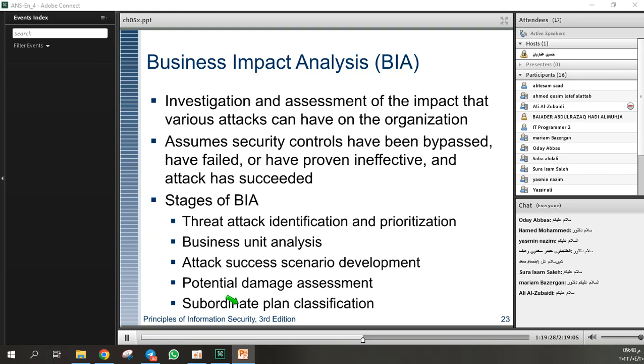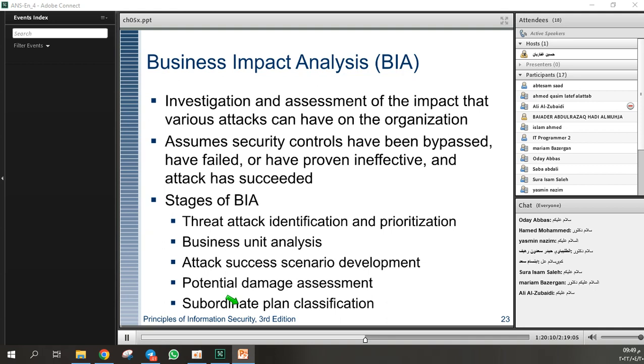So I have different strategies to act against a new attack. But the question is: which of them are important? It depends. So I should analyze the impact of different attacks on my business.